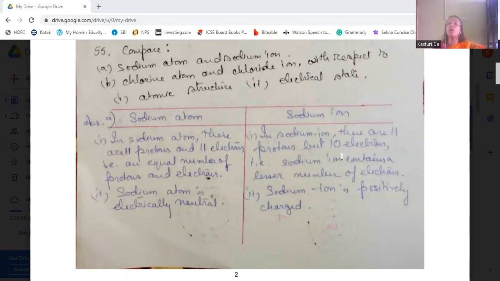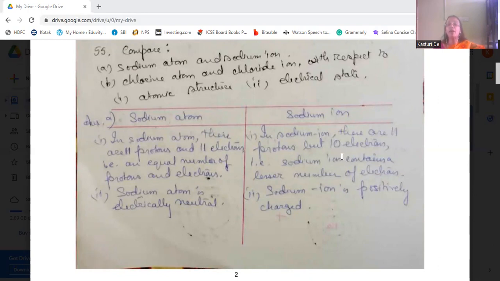Now we come to sodium ion. There are 11 protons, but it has lost one electron. So it will have 10 electrons, forming a positive sodium ion. So a lesser number of electrons will be there when it is forming an ion.